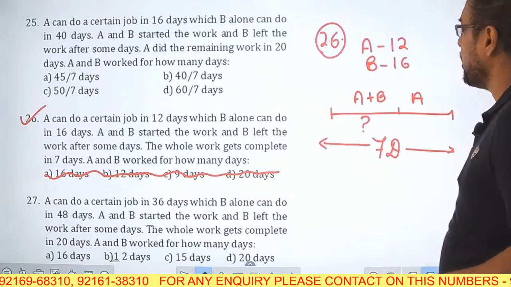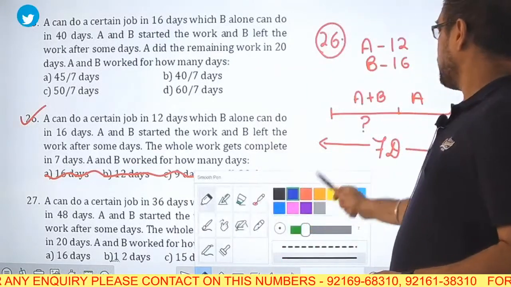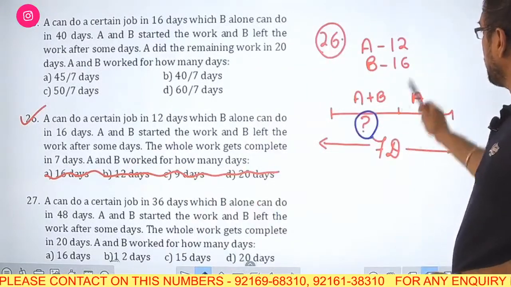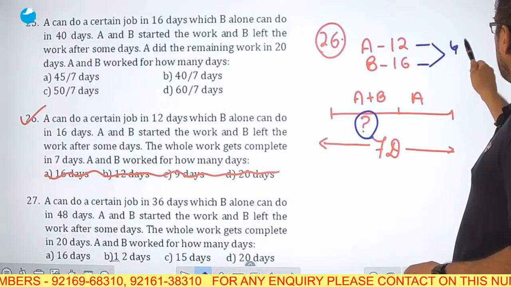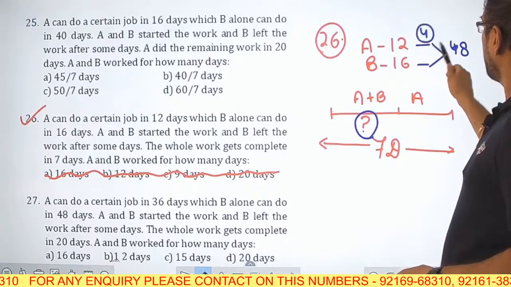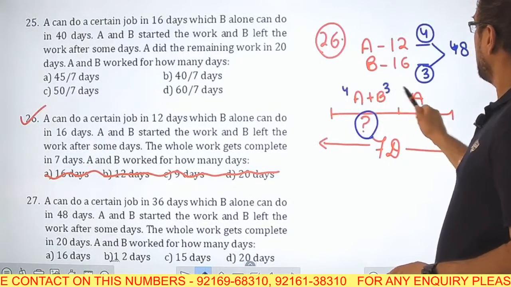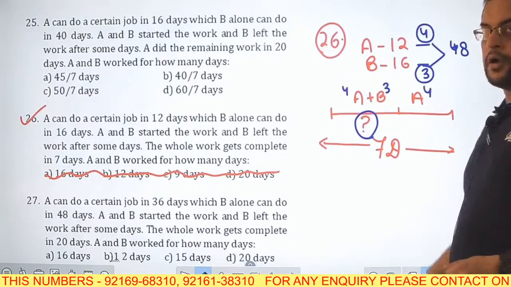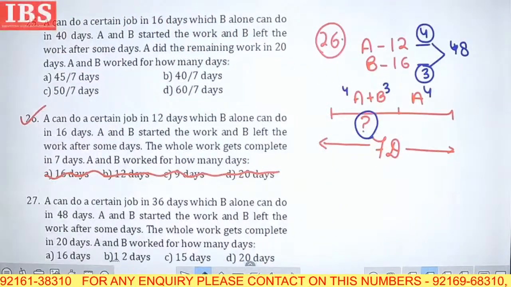You need to solve this question and calculate the value of the question mark. First take the LCM, that is 48. 48 divided by 12 is 4. 48 divided by 16 is 3. So this is 4, this is 3 and this is 4. Now try to do this question and then I'll tell you the right answer and how to do it.